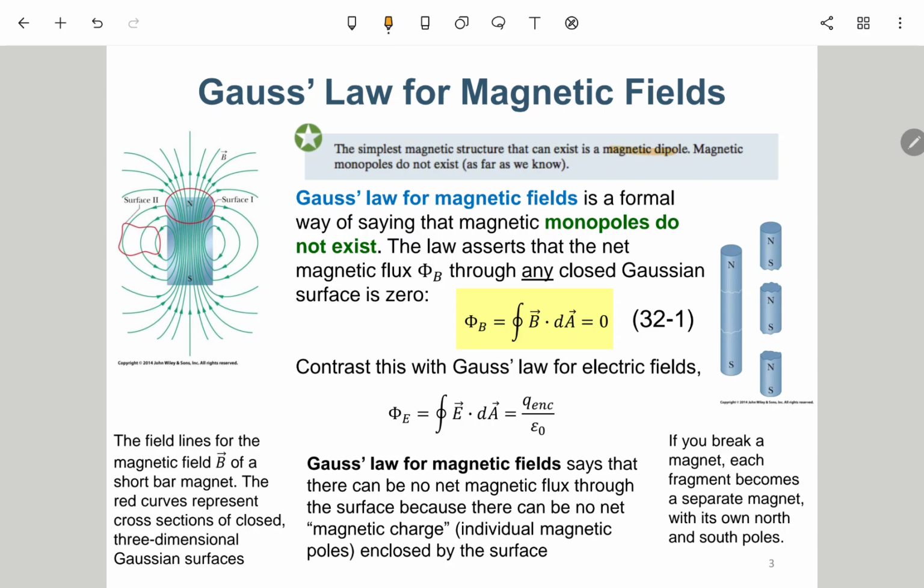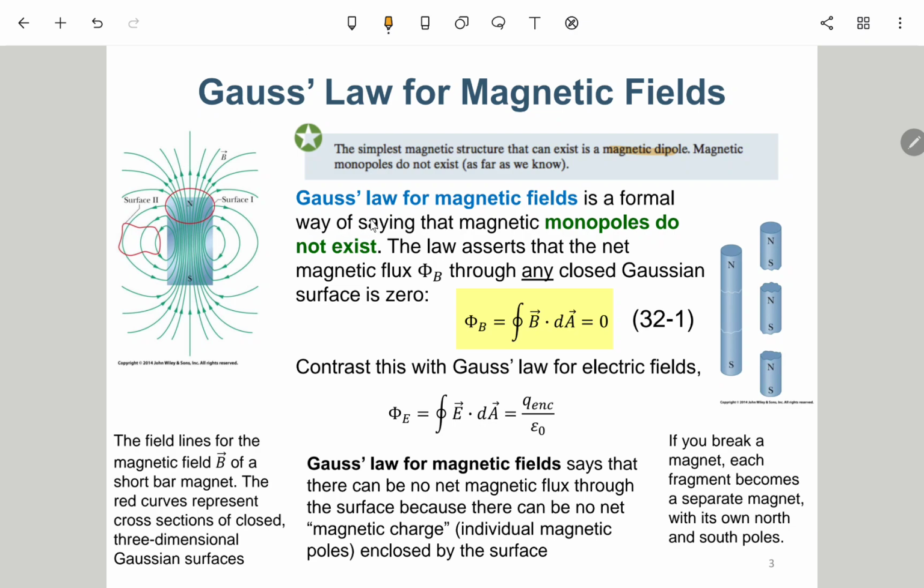But for the E field, we not only have electric dipoles, we also have individual charge. We can have individual positive charge or individual negative charge. So this is the main difference between the two types of source of the E field and B field.